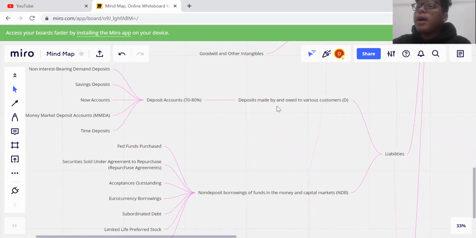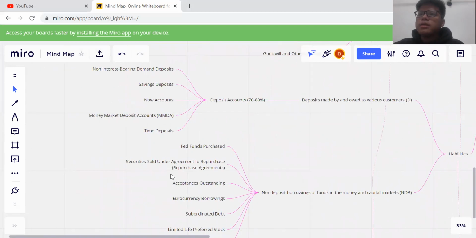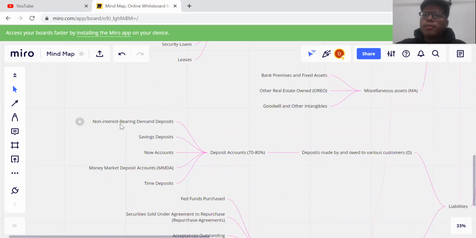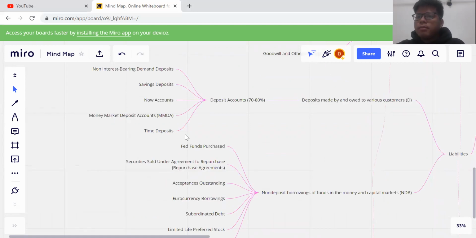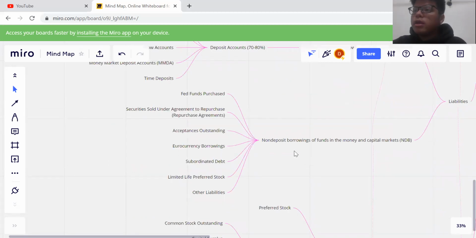In deposits made by and owed to various customers, we have the deposit accounts, 70 to 80%. From this, we have the non-interest bearing demand deposits, savings deposits, NOW accounts, money market deposit accounts, we can call it MMDA, and the time deposits. In non-deposit borrowing funds in the money and capital markets, we call it NDP.